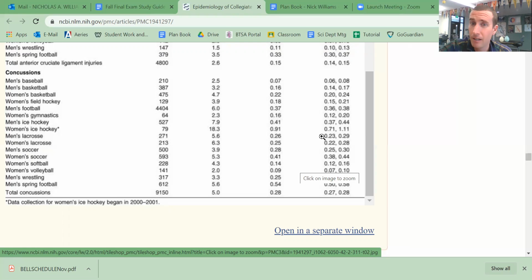I think there could be two explanations. Number one, women could just be playing really hard. If you're the type of person who gets into women's ice hockey, I think you probably get after it. And so I think they might be going really hard and maybe slightly recklessly, and thus crashing into each other more often, falling over more often. The other piece is that societally, we might not start our little girls playing ice hockey as early as we start our sons playing ice hockey.